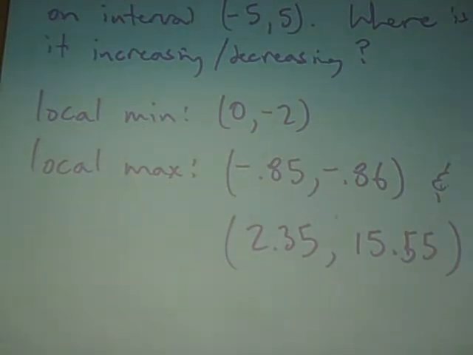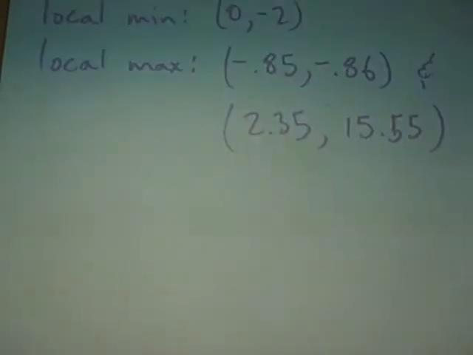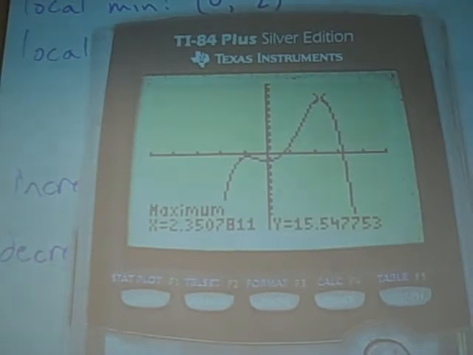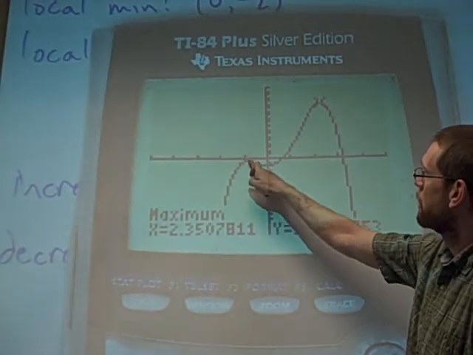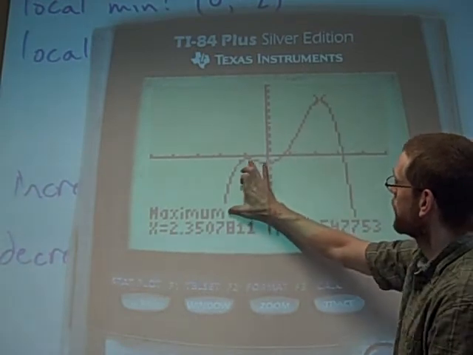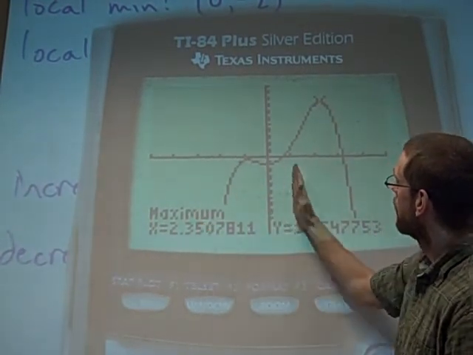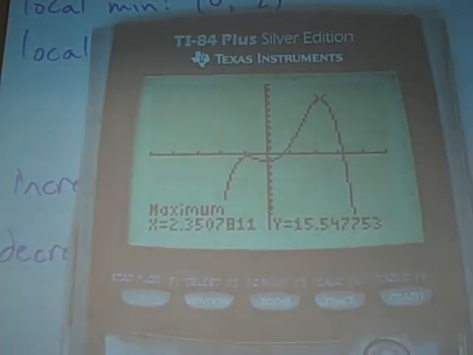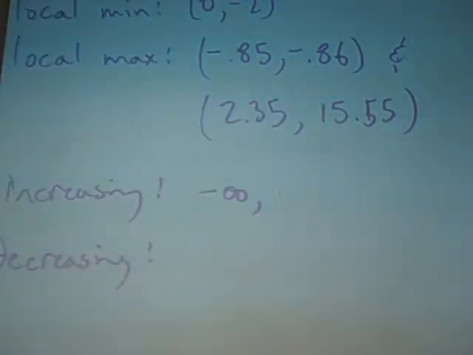Determine where the function's increasing and where it is decreasing. So if we look at the graph, the function seems to be increasing here, decreasing, increasing. So increasing on this interval here, and increasing in this interval here. So that looks like it's increasing from negative infinity up to, what was that, negative 0.85, I think was the x value.